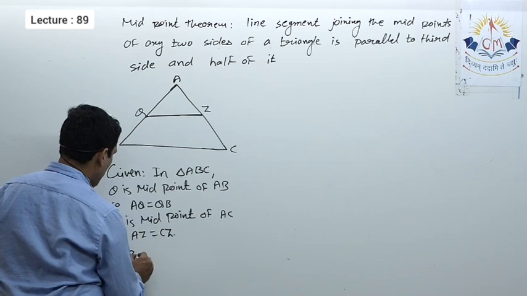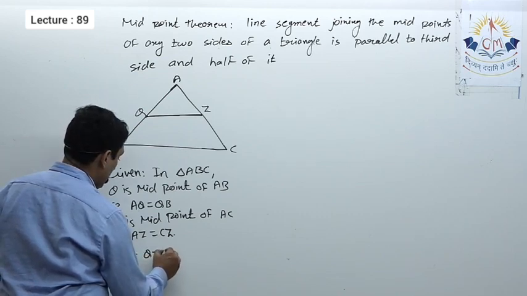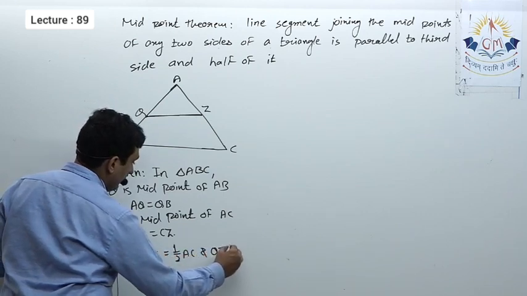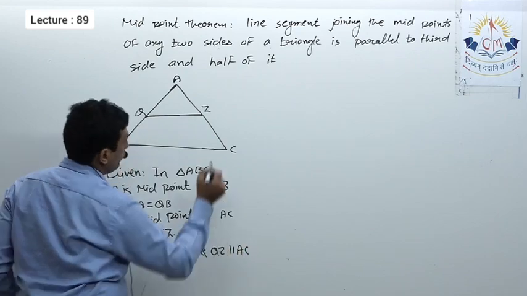To prove: QZ is equal to half of AC and QZ is parallel to AC.